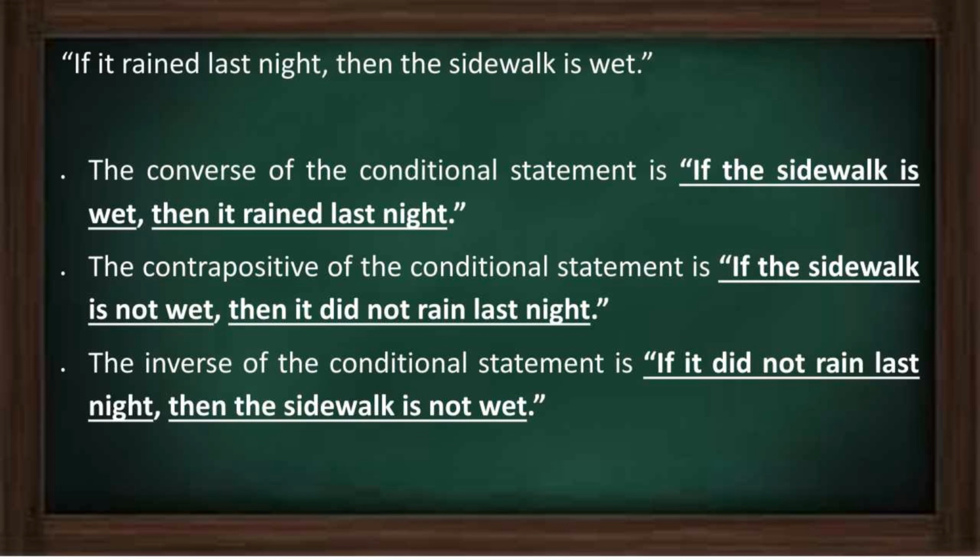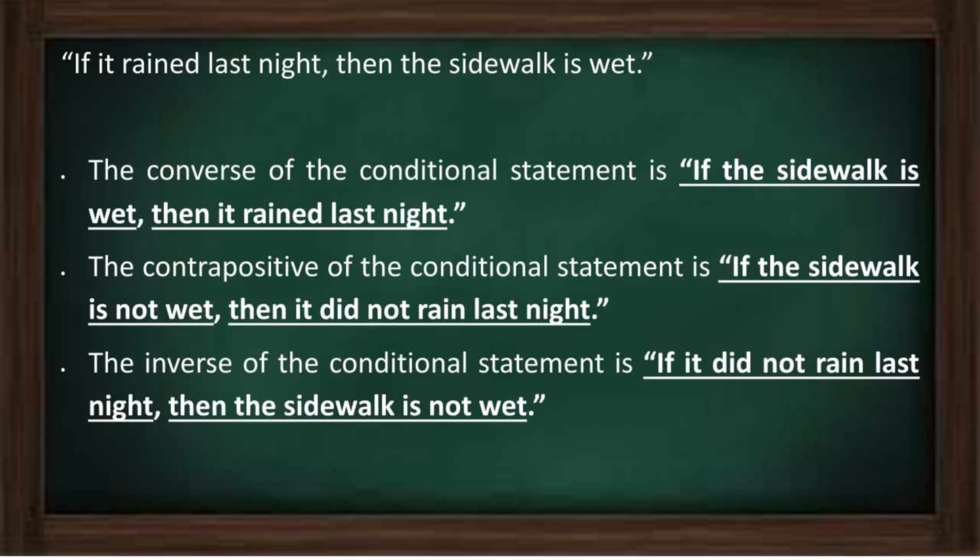So we will see how these statements work with an example. Suppose we start with the conditional statement if it rained last night then the sidewalk is wet, where P here is it rained last night and Q is the sidewalk is wet. So let us identify here the converse, contrapositive, and the inverse of the conditional statement.